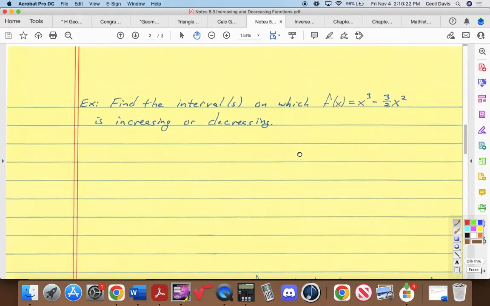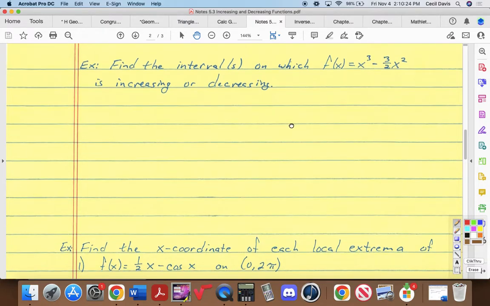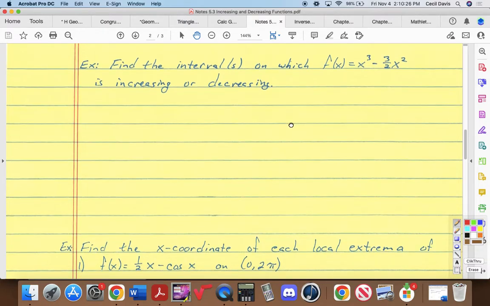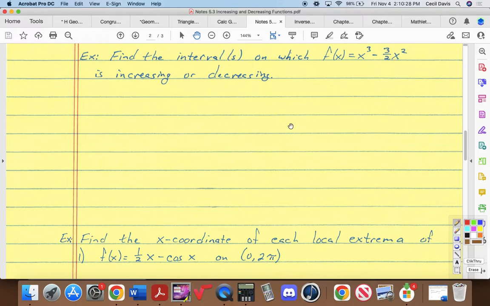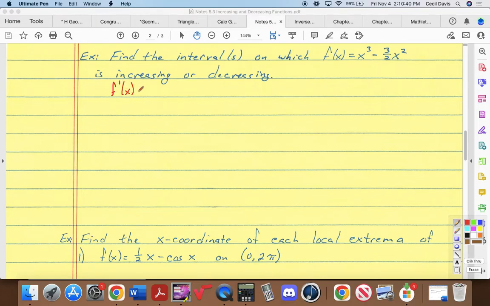Page 2. Find the intervals on which f of x is equal to x cubed minus 3/2 x squared is increasing or decreasing. All right, so we will start by taking the derivative to help us find critical points.